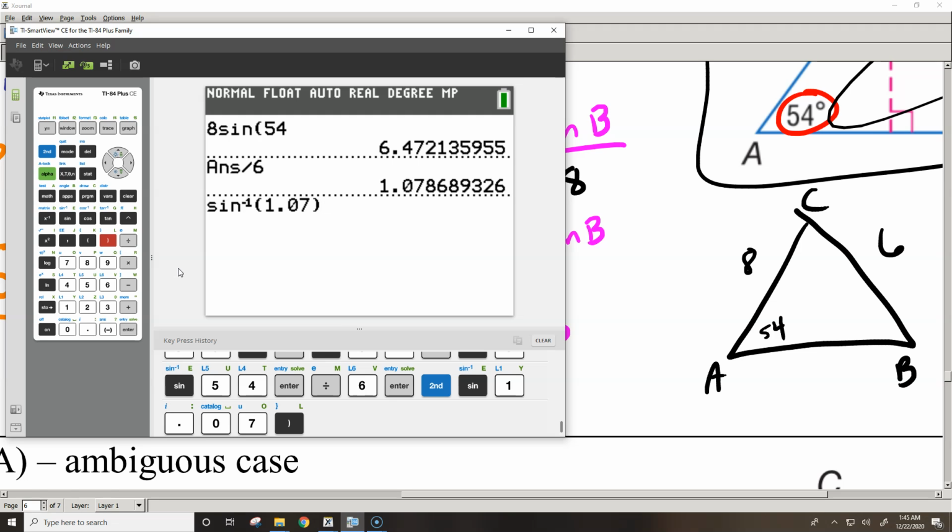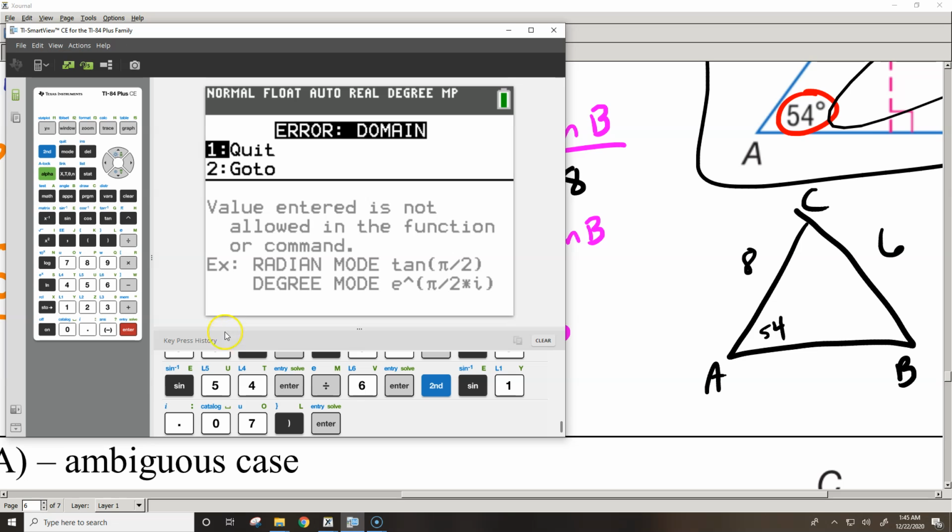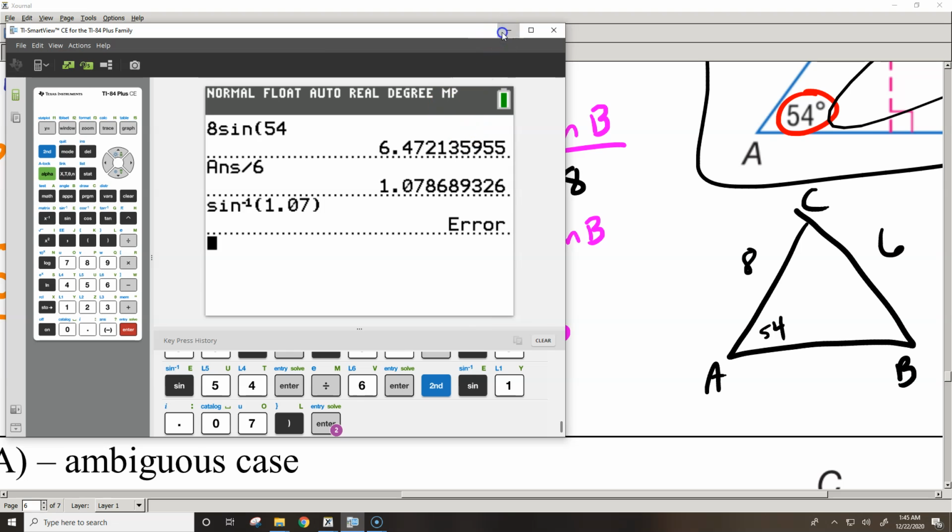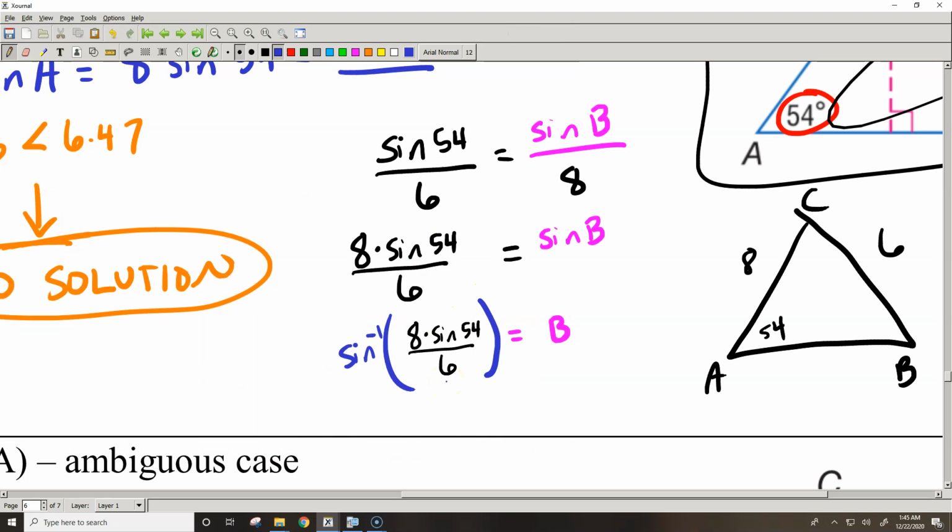So we can't have any y values above 1. Therefore, when I do this in the calculator, it makes sense that I get an error. It says domain error. This is a clear case where, when you're trying to solve this problem, there is no solution. B just doesn't exist. It's not possible.